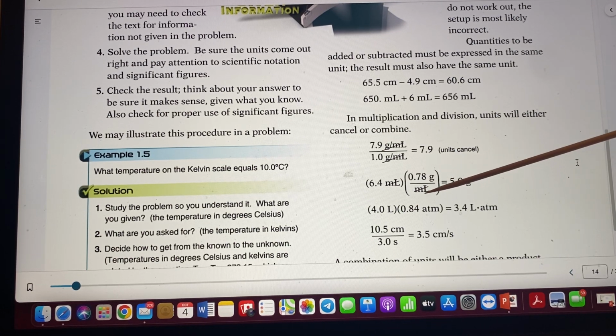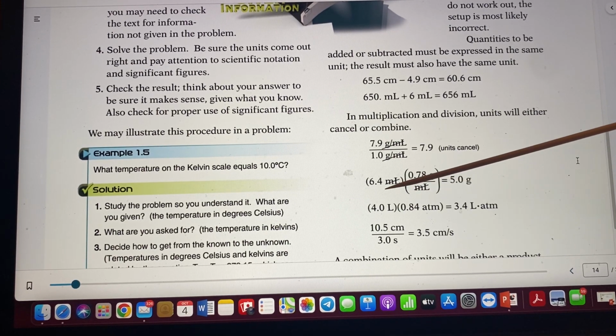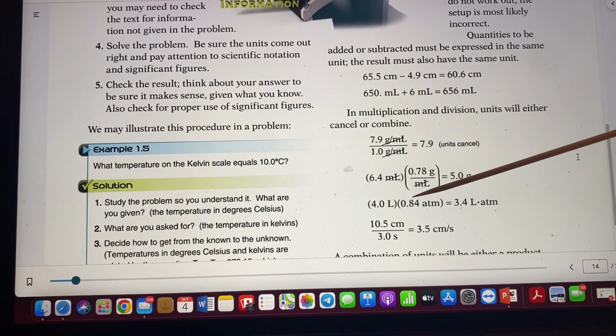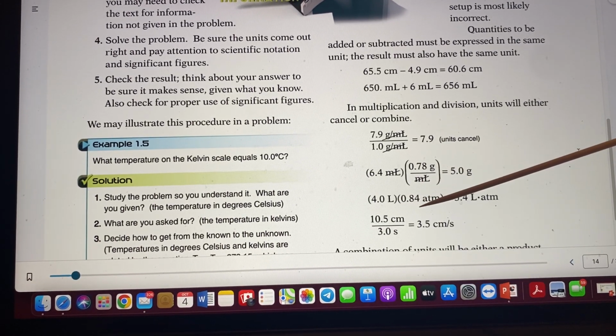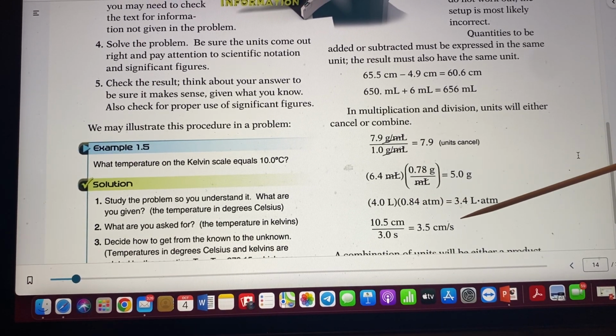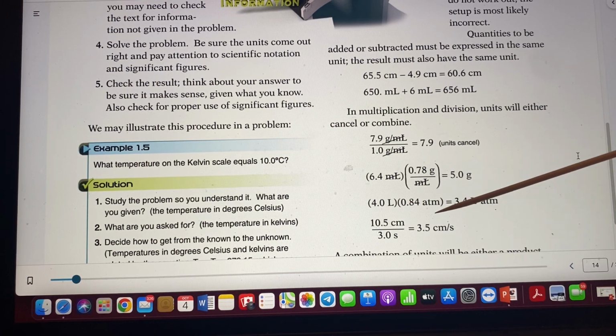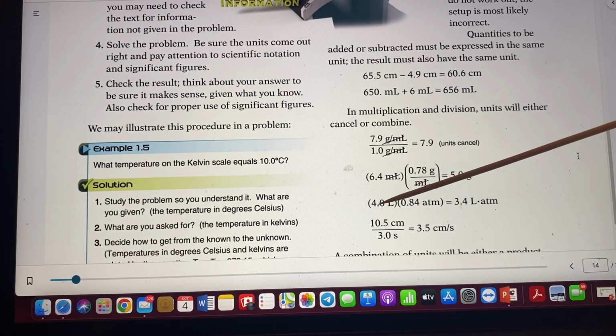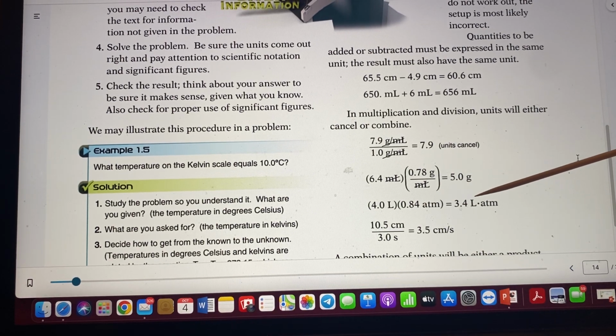We can cancel those milliliters out, and when you multiply this out, you get 0.5 grams. It's in grams. Here's 4 liters times 0.84 atm. With these atm, you can't cancel out. You have to leave them there. So you say 3.4 because you multiplied these two things, and then you have liters times atm.